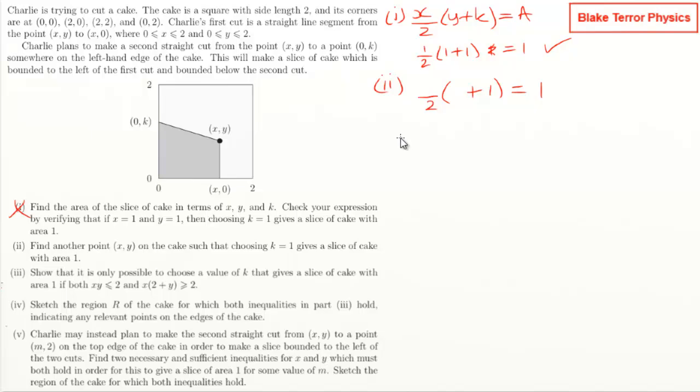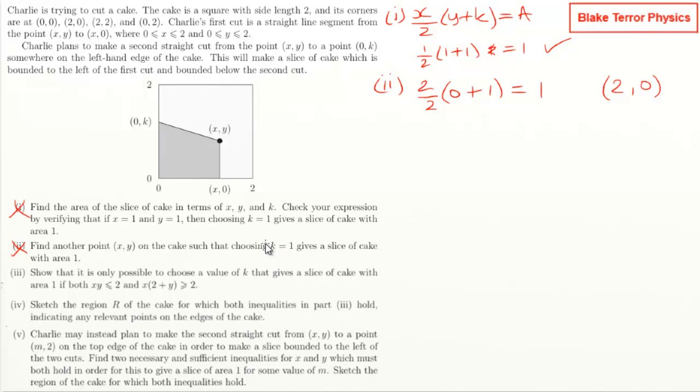So we need some other point where, if x was 2 and y was 0, then we've got 1 times 1 is 1. So we want to have the point (2,0). There are going to be infinite numbers of coordinates that you can put in there, you can just pick anything that fits on that one.